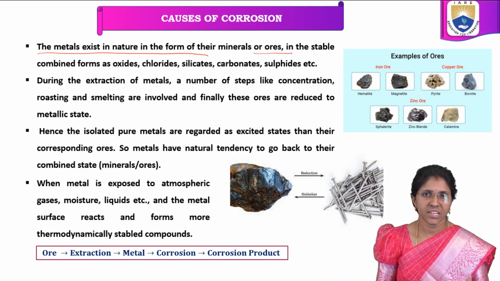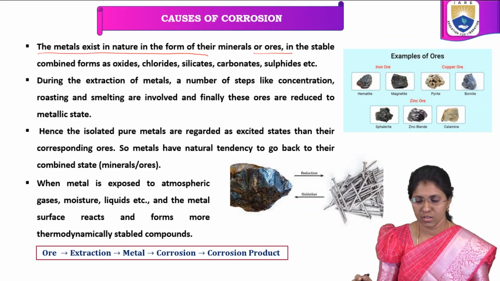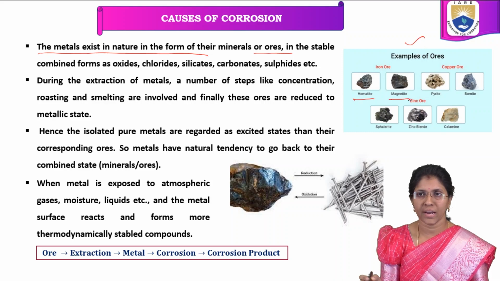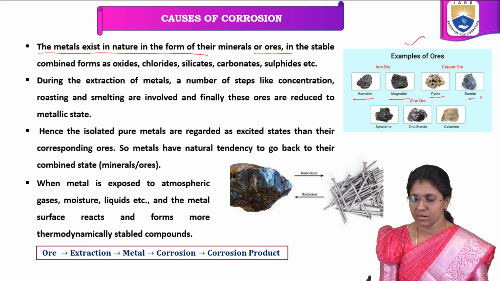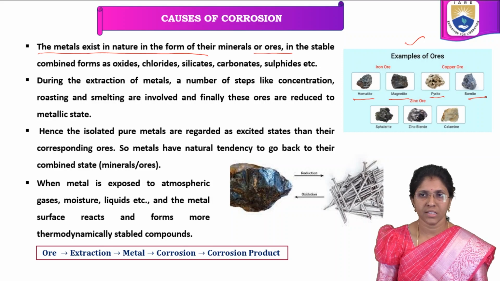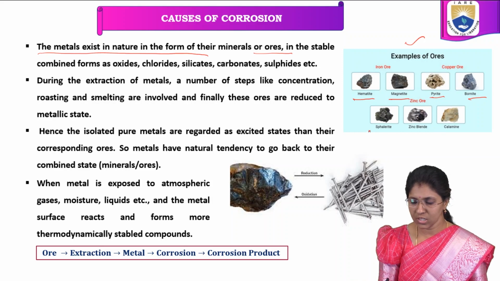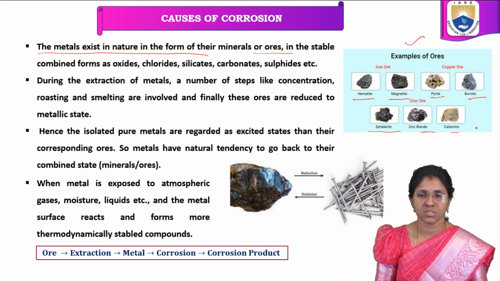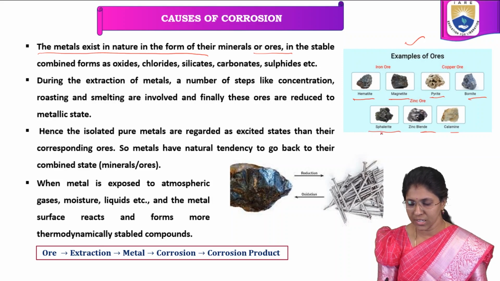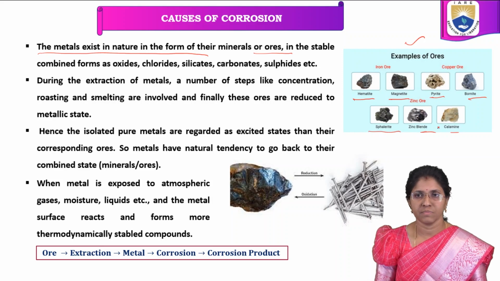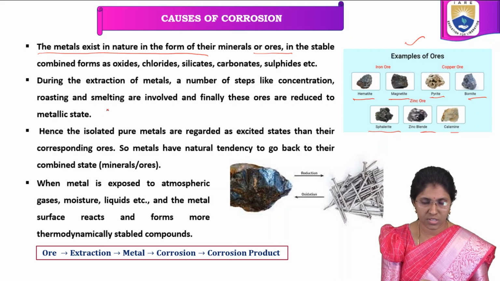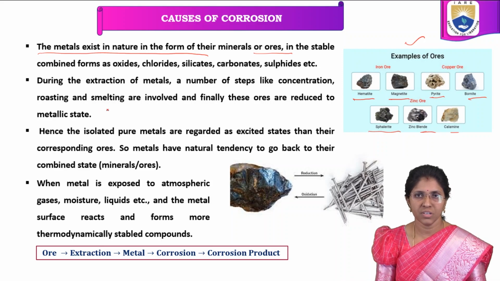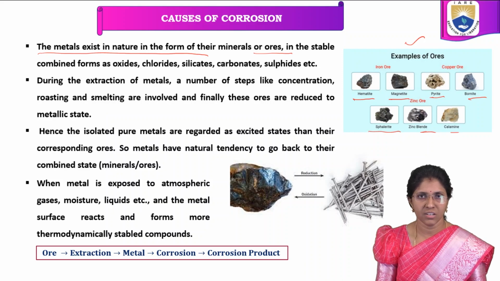Examples of ores: iron ore or hematite; copper ores, pyrite, bornite; and zinc ores, calamine, zinc blende and sphalerite. These are examples of ores of different metals which are present in nature.